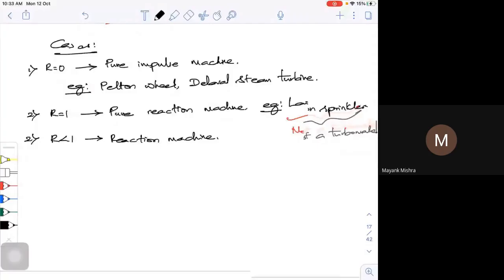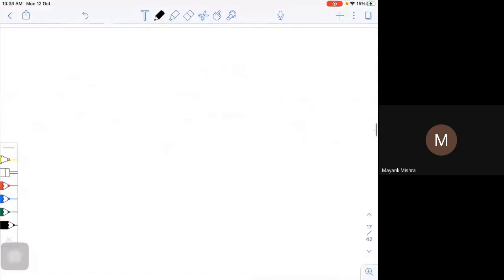We do have one more point which clearly defines the energy utilization. We call that the utilization factor or diagram factor, and it is given by epsilon.